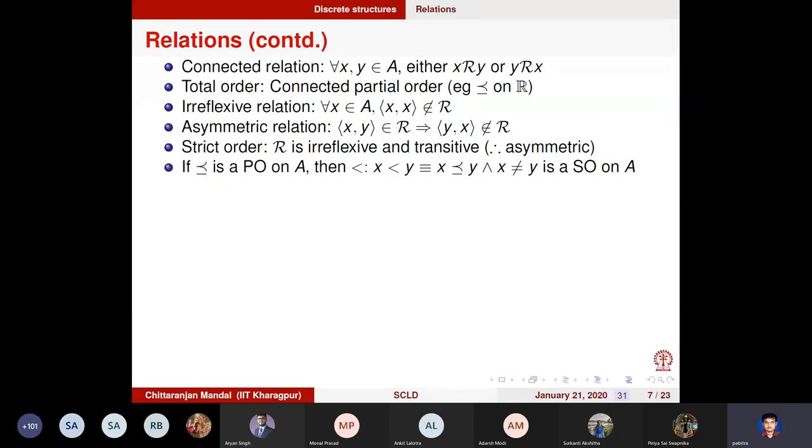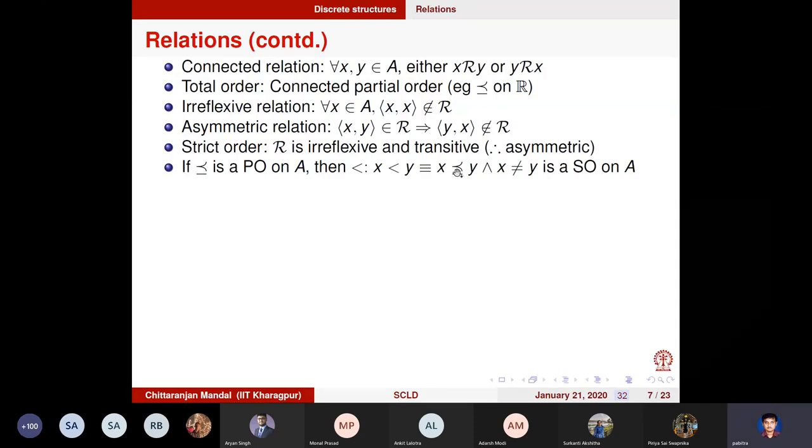I define another relation, instead of this special type of less than or equal to, I call it less than. And this less than I will define using this less than or equal to by slightly modifying it. X is less than Y is defined this way: if X is less than or equal to Y and X is not equal to Y.